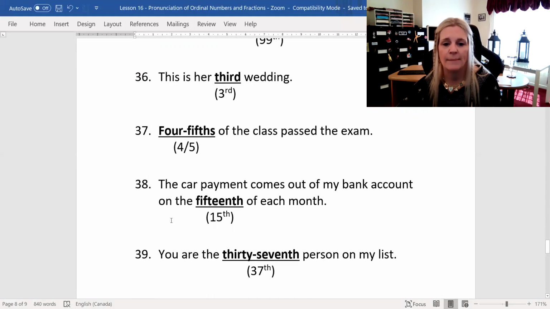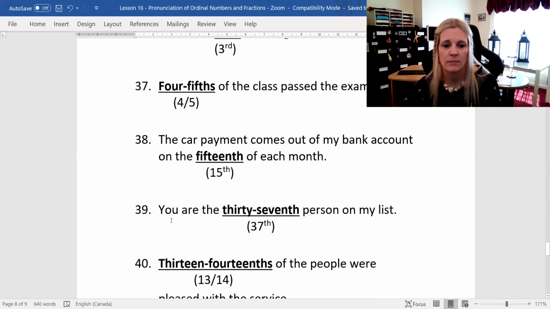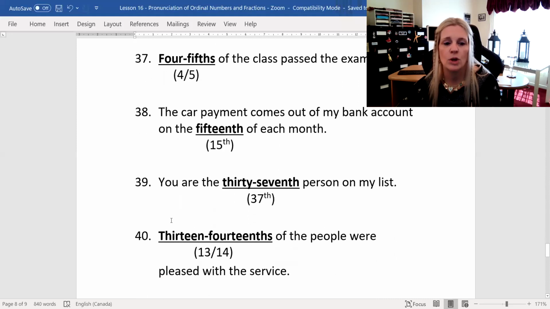The car payment comes out of my bank account on the 15th of each month. You are the 37th person on my list.